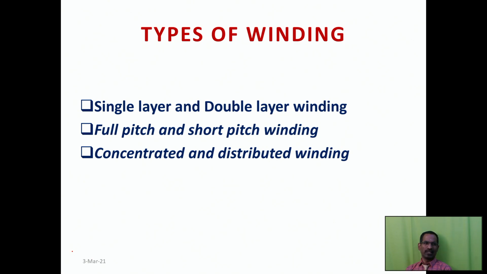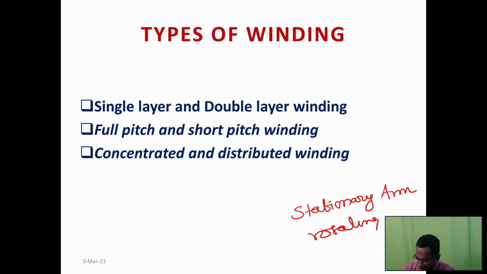But if it is a high power generator, that generator must have a static armature and rotating field. We can write it as a stationary armature and rotating field. This kind of structure is always used for high power applications.